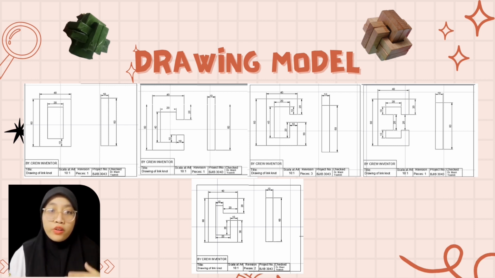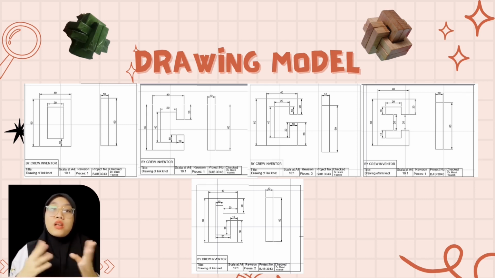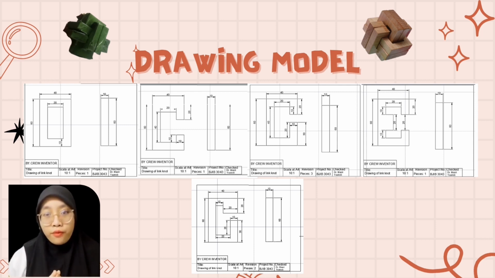In the diagram or the pictures in this slide, you can see the drawing of each part of the link knot from the 2D view. There are some parts that have one piece, and there are also repetitions of a part, which is part number 5.